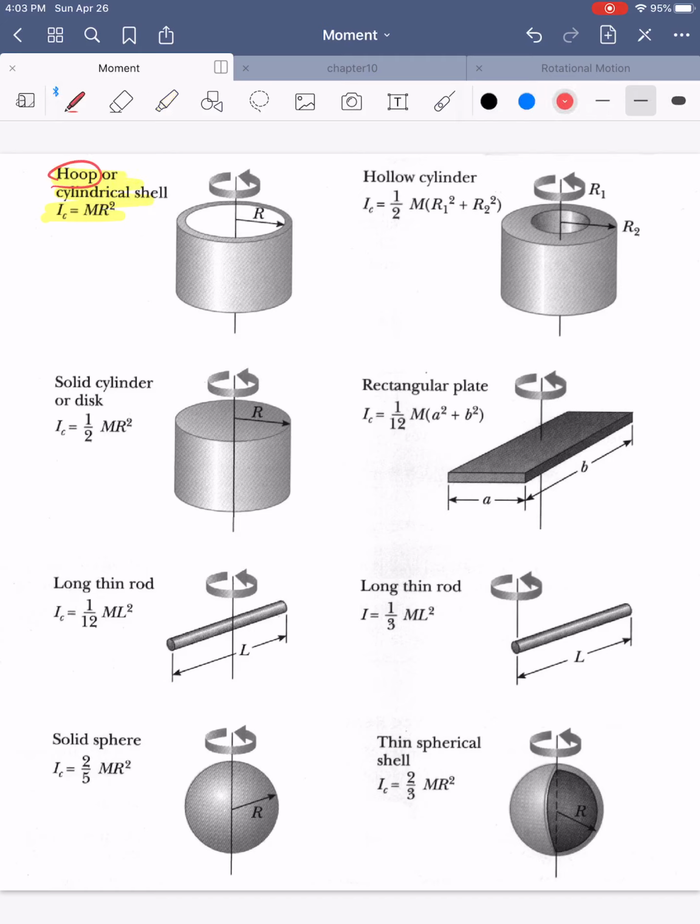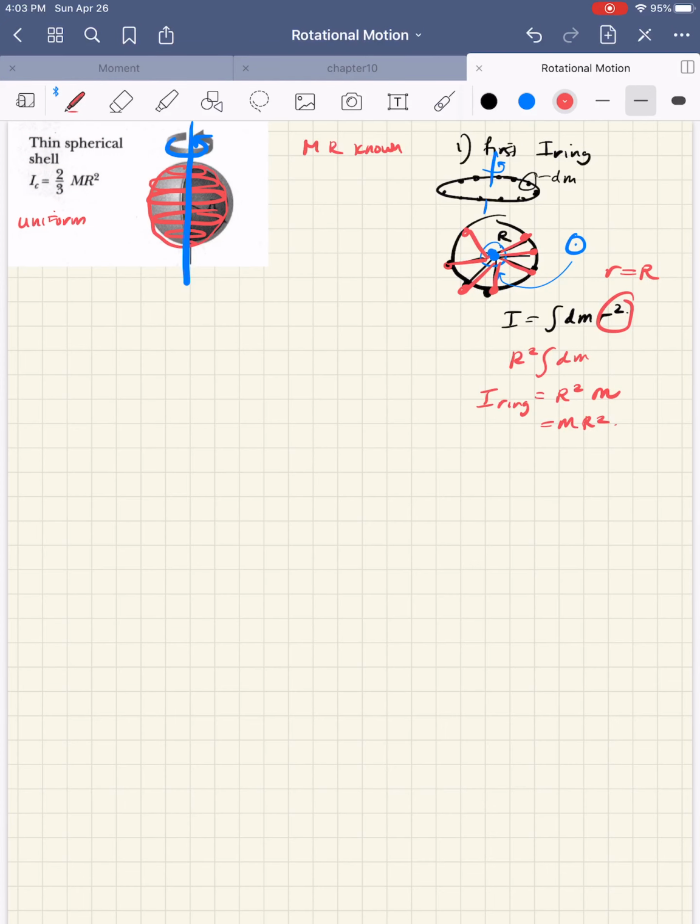Well, hoop means ring, but it also can be a cylindrical shell because you're just stacking a bunch of them on top of each other effectively. So for one ring, or even a thin cylindrical shell, which is a stack of these of the same radius, the moment of inertia of a ring is mr squared.